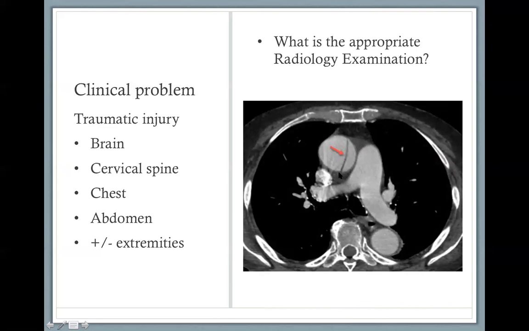I just brought images to show the spectrum of findings that we can see in a patient who had a trauma and underwent CT of different organs. So in the chest, you can also see dissection, which is injury of the ascending aorta. And this can be life-threatening if the patient does not get intervention early on because it causes rupture.